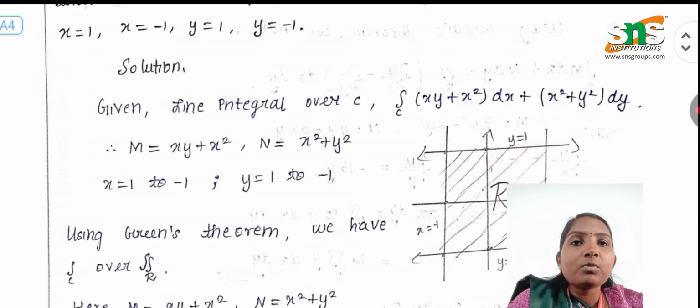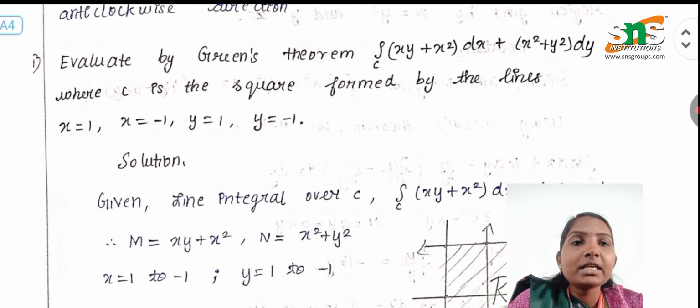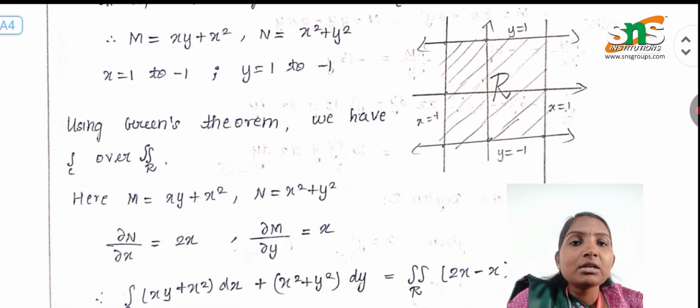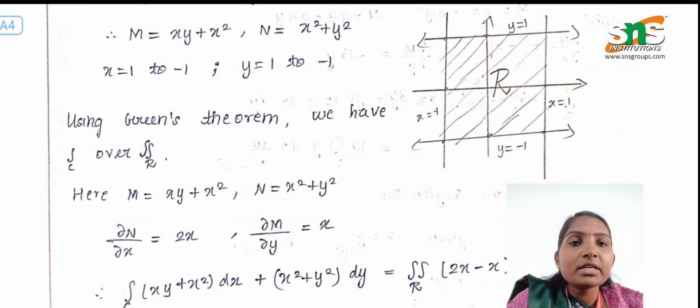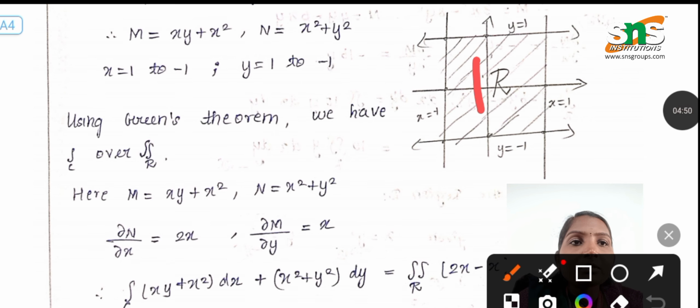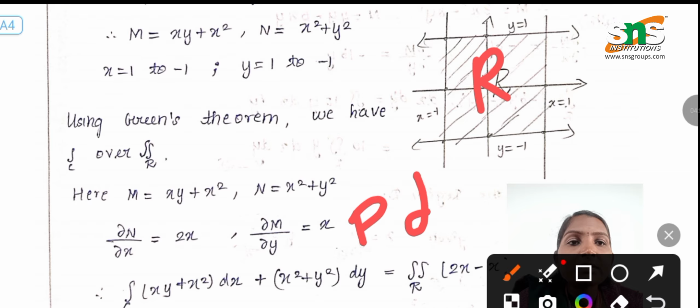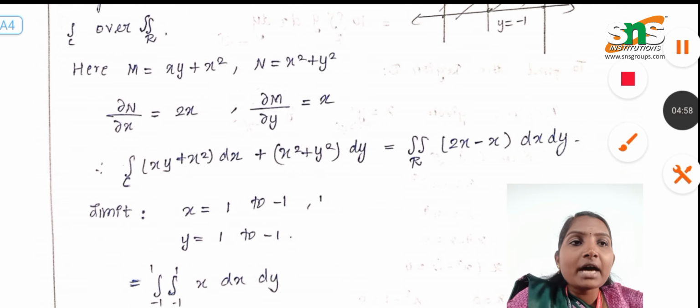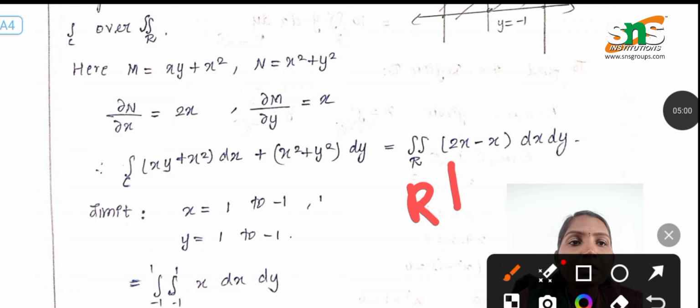So, what have we done here? We have taken up the function which has continuous functions like m and n. We have taken it into account, and then we have changed it over to a region R, and we have found the partial derivatives here, and then resubstituted it in the RHS of Green's theorem.